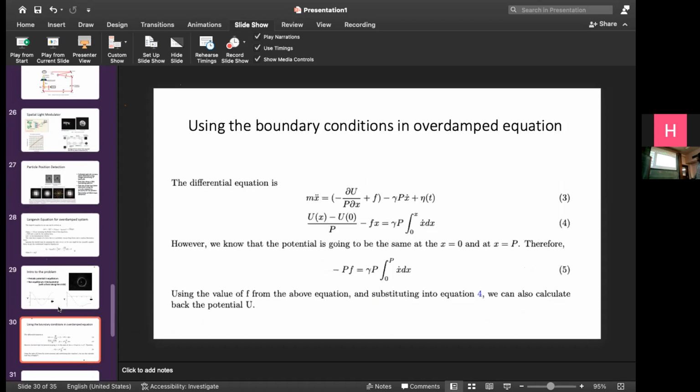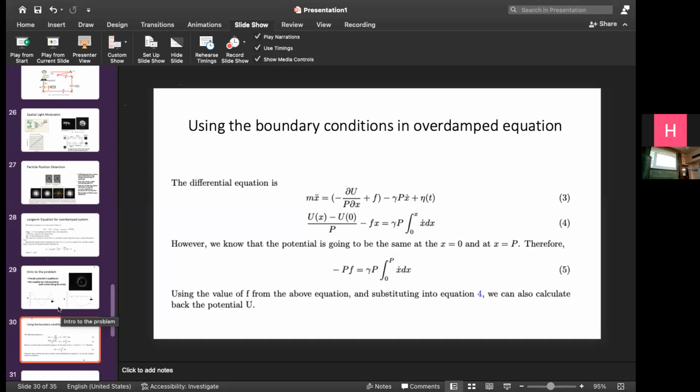So we can actually cancel out some terms. The inertial term is already cancelled, and P is my periodicity of the potential, and F is my constant force. This is my drag force, and this is my Brownian noise.